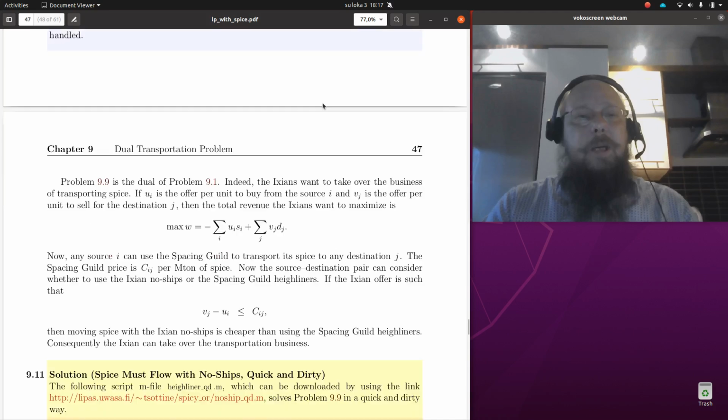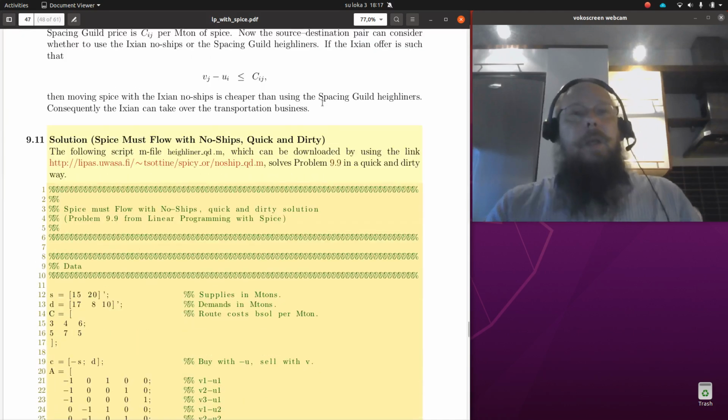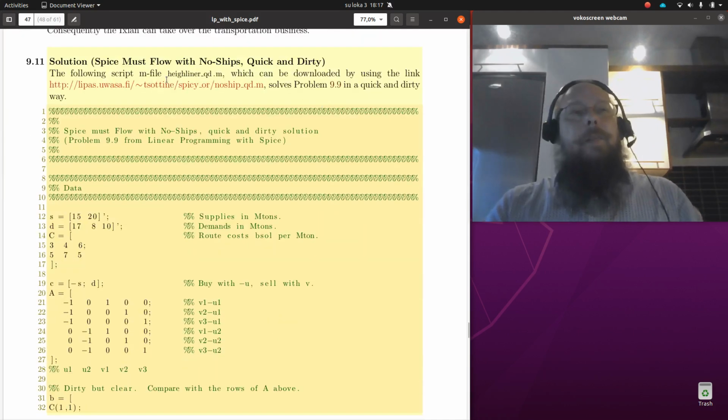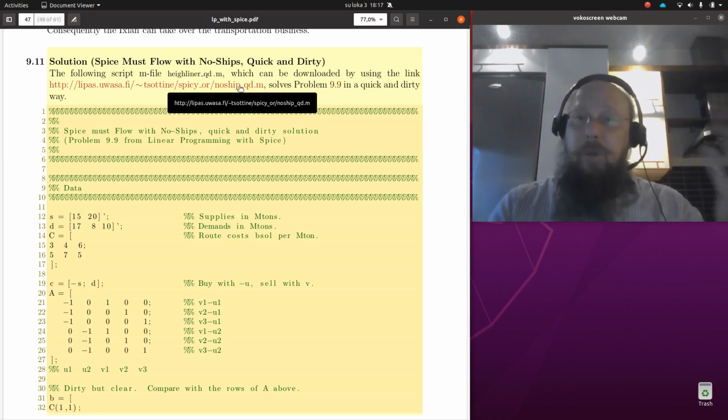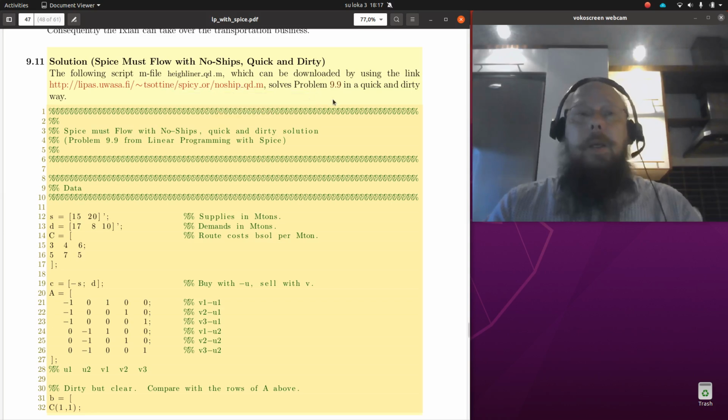So let's see how this tedious thing goes. So here is the 9.11 solution, spice must flow with no ships, quick and dirty. Again, as always, here is the link for it, so you can download it, and you should download it, and then move to your Octave working directory and run it there and see that it works.